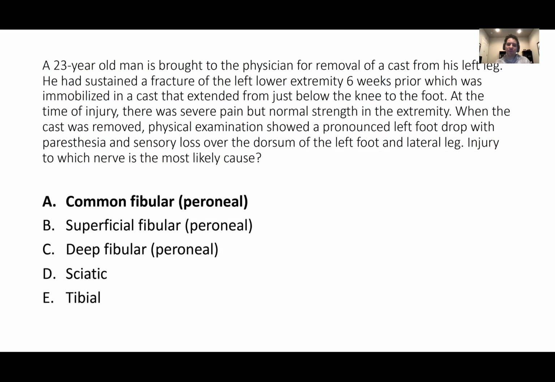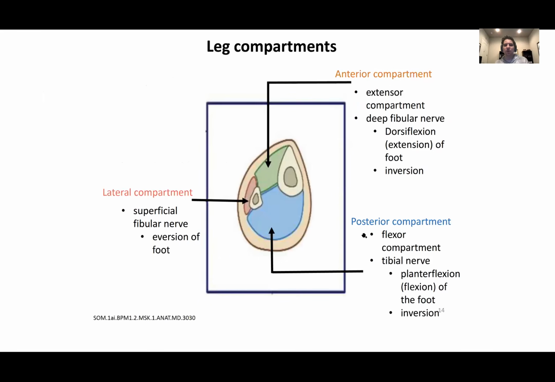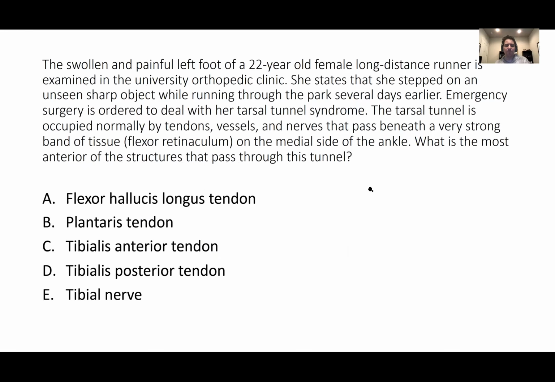The most proximal part of the fibula is where the common fibular nerve is. Then they split apart into the deep fibular and superficial fibular. So the key point here is you have to look at all the symptoms, because it includes both of these nerves. The most likely answer is that you injured them before they branched off, okay? So good point to learn there. Again, that common fibular nerve runs right around the head of the fibula, right around the knee. All right, try this one.